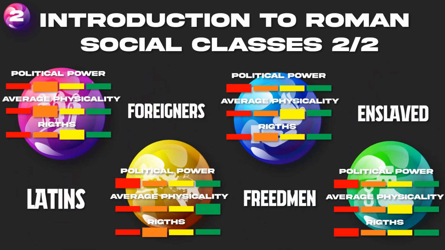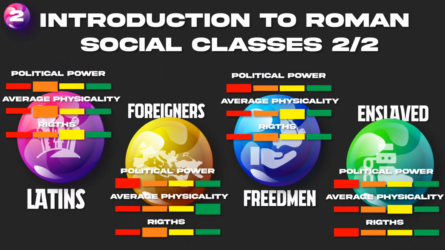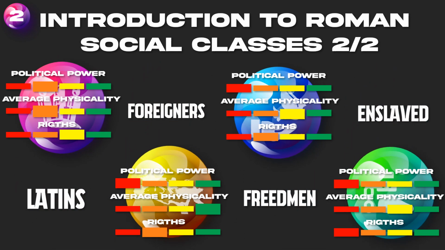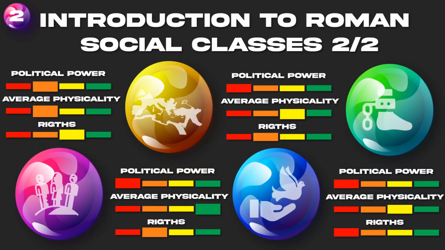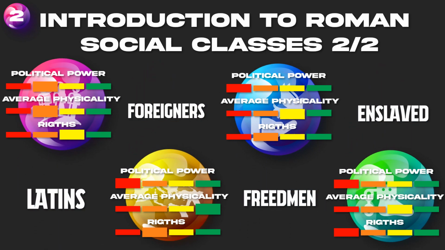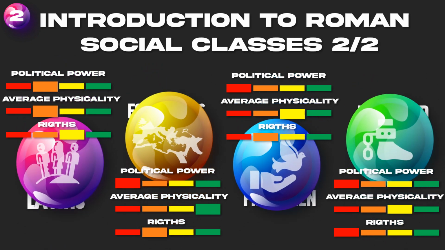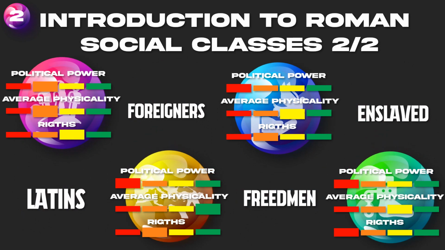The lower part of the Roman social structure was composed of Latins, foreigners, freedmen, and enslaved. Latins composed the basic Roman citizens. The political power, average physicality, and rights were all average.